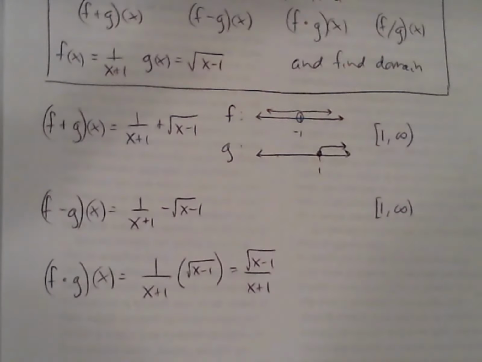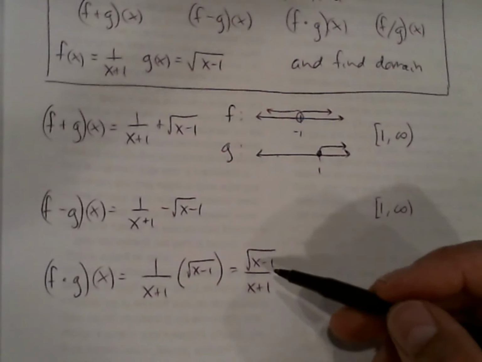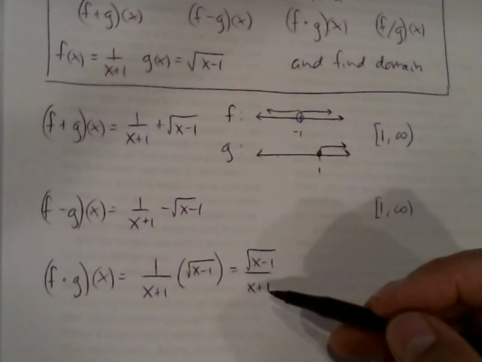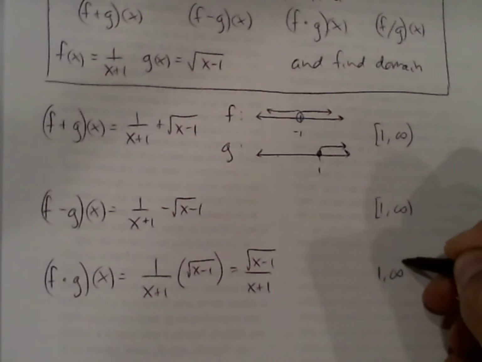But we still have the same domain because this has to be 1 or greater, and this cannot be 0. So we still have the same domain.